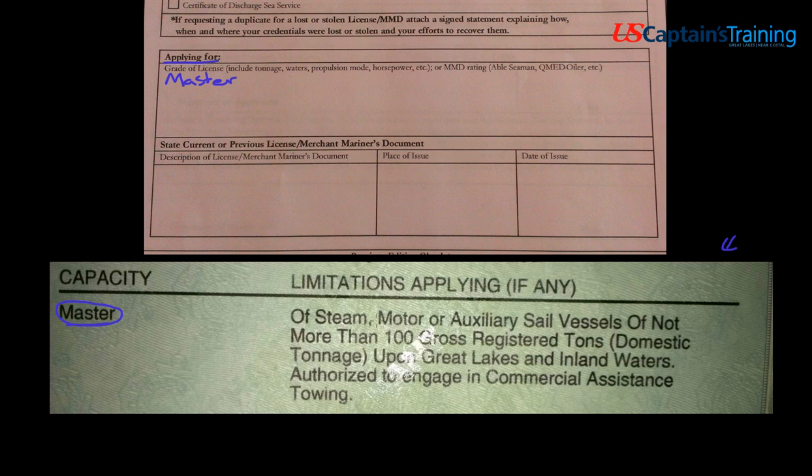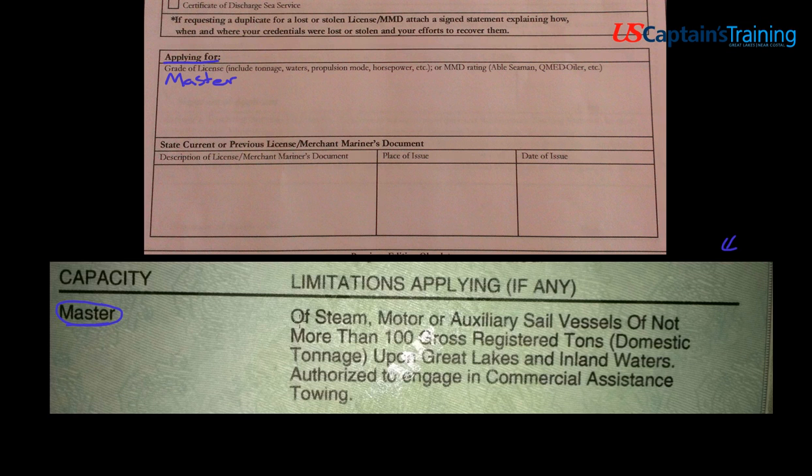Good. And now let's look at this verbiage. Master of steam or motor or auxiliary sail vessel of not more than 100 gross registered tons domestic tonnage upon Great Lakes and inland waters, authorized to engage in commercial assistance towing. Okay, let's break it down from the top.